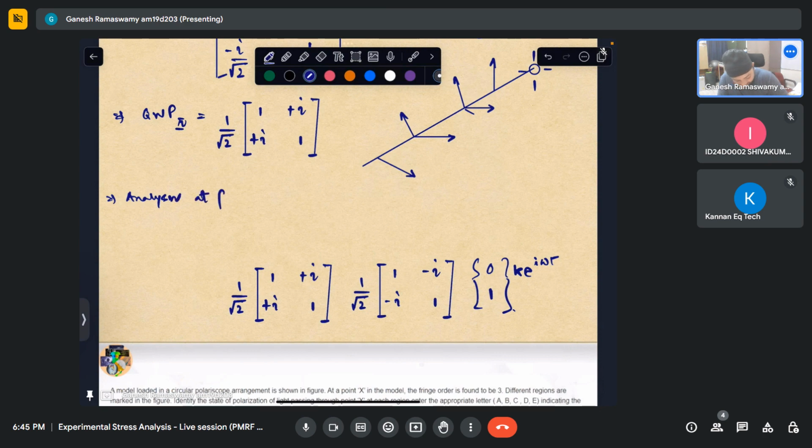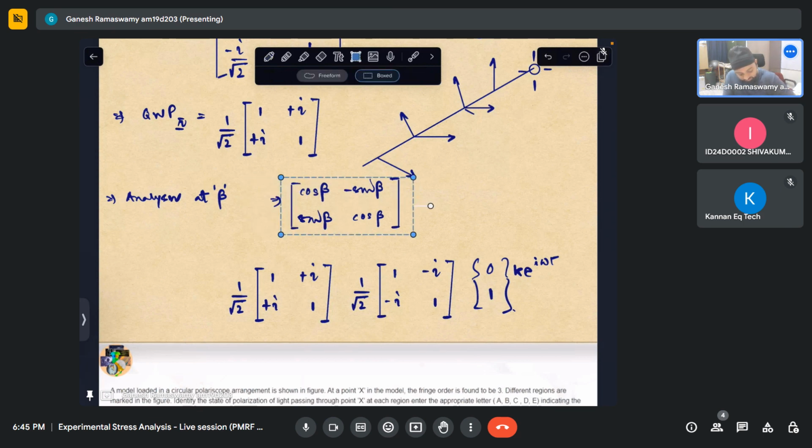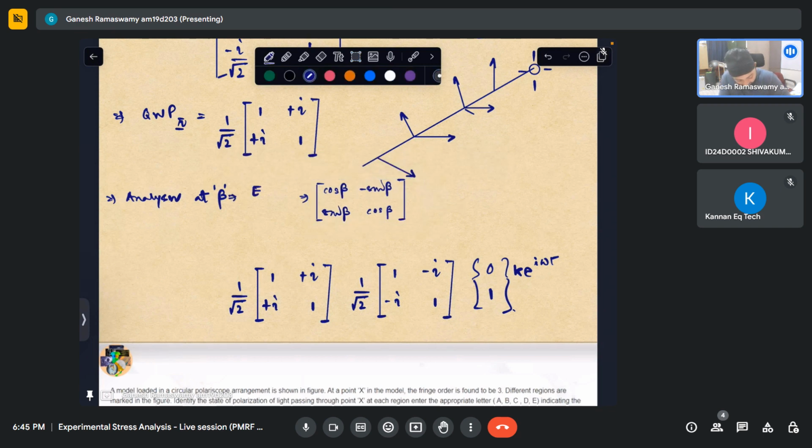For the analyzer at beta degrees, the matrix is nothing but cos beta, minus sin beta, cos beta. E along beta is this, E along minus beta is this, E along minus beta plus pi by 2 will come out to be this.